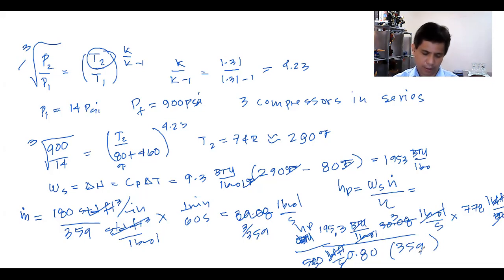So, it would be 195.3 times 3 times 778, tapos divided by 550 times 0.8 times 359.